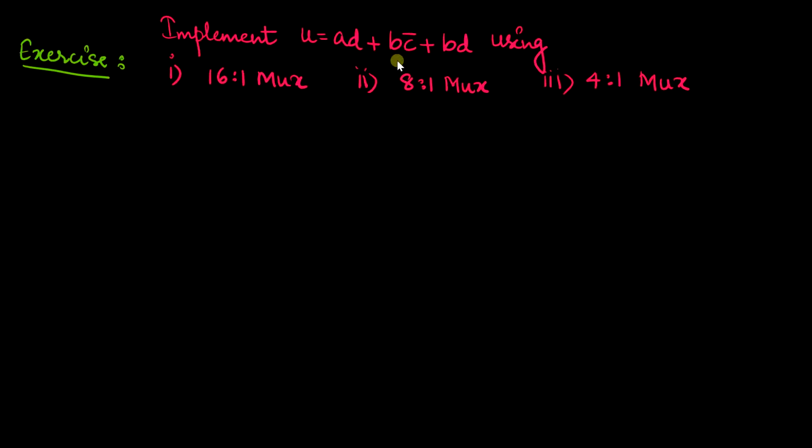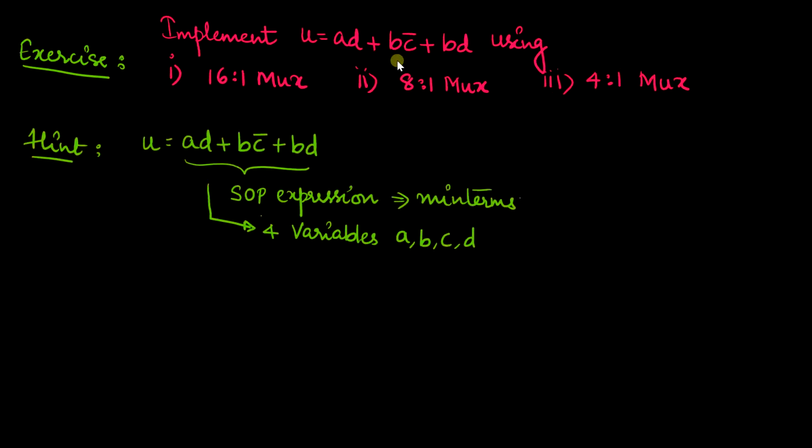So the last question, which is an exercise, they have mentioned that we need to implement an SOP expression using a 16:1 mux, 8:1 mux and 4:1 mux. The SOP expression is given to you. So what we need to do here is, first we need to find out which are the minterms corresponding to this SOP expression.